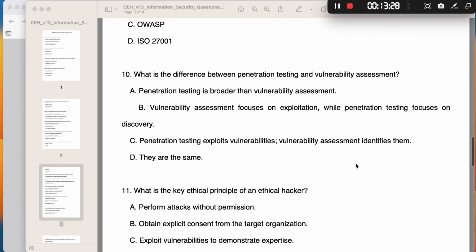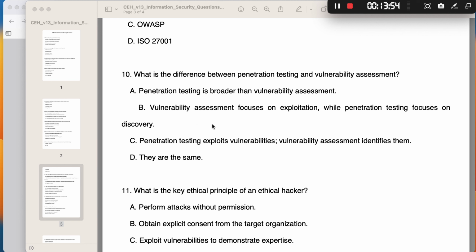So let's go to question number 10. What is the difference between penetration testing and vulnerability assessment? Oh, this is a great question because some people think that running a vulnerability assessment means doing a pen test, or they think that doing a pen test, they automatically are going to perform a vulnerability assessment. Two completely different things. And your options are: penetration testing is broader than vulnerability assessment.